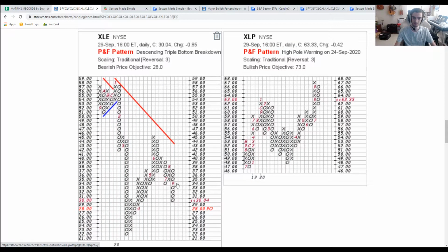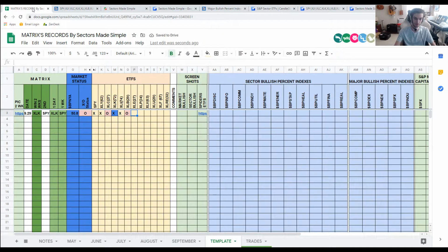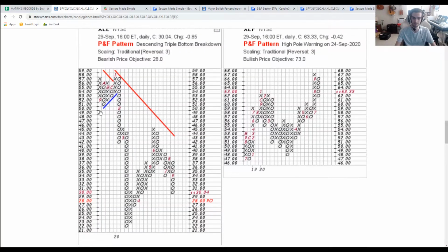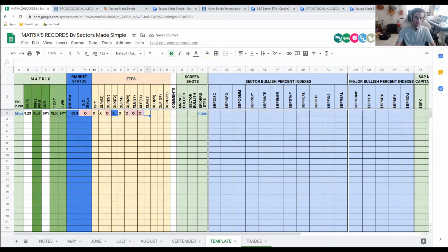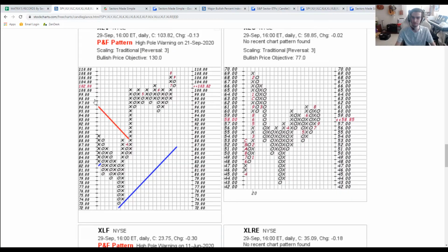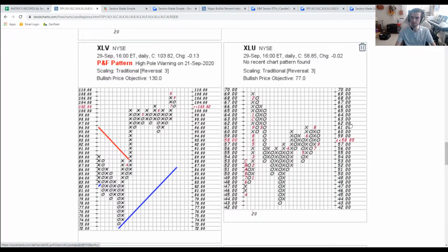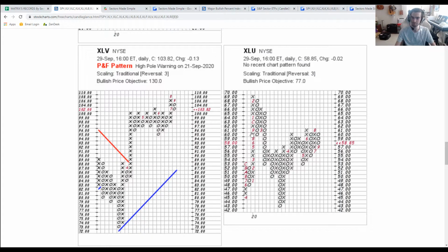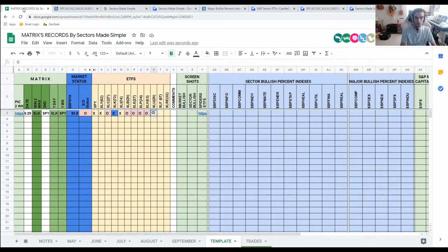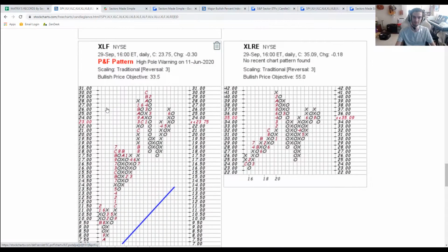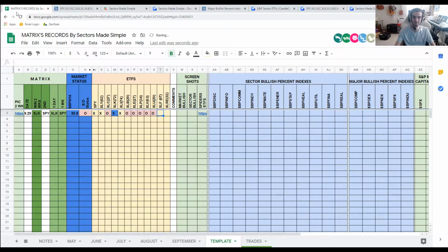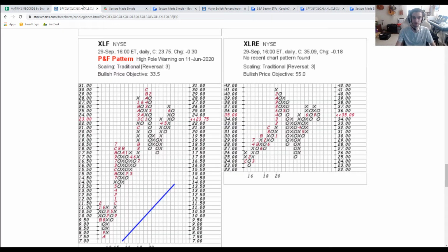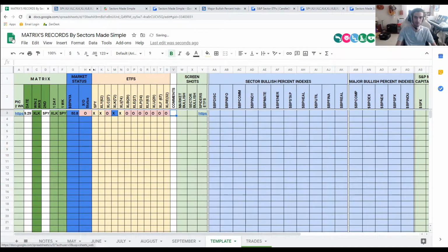Energy, big column of O's. Staples, O's. Healthcare, O's. Utilities, O's. Finance, O's, and real estate, O's.